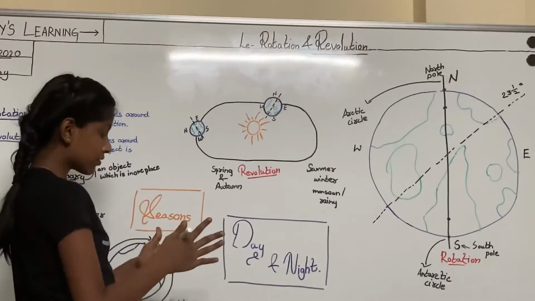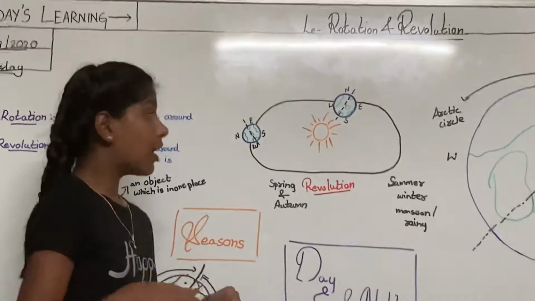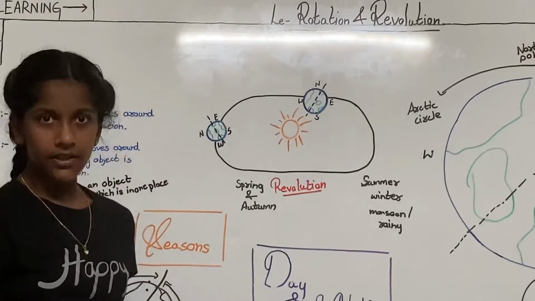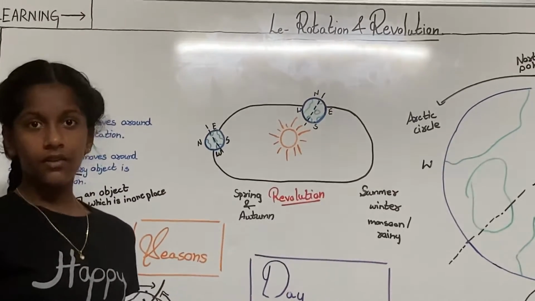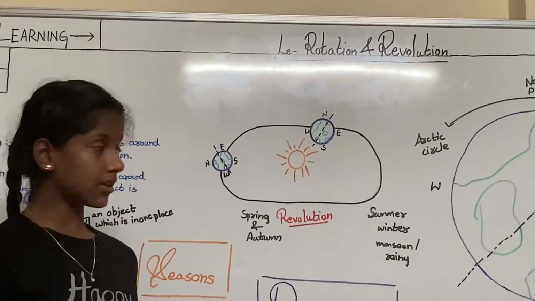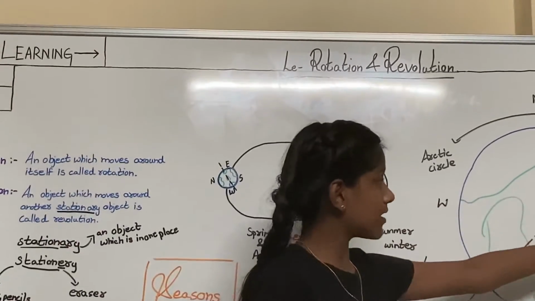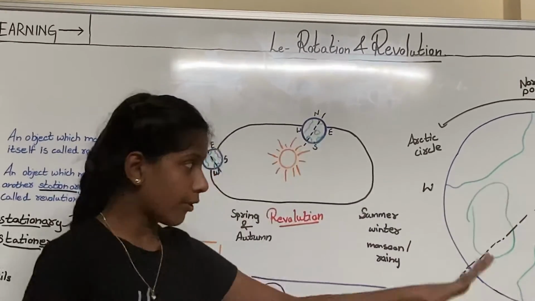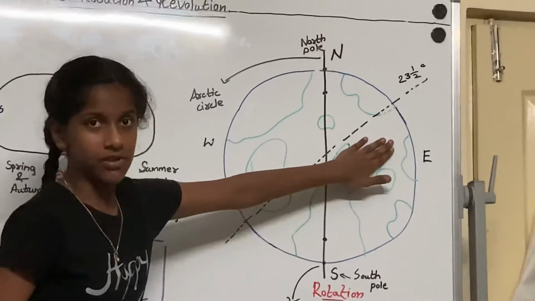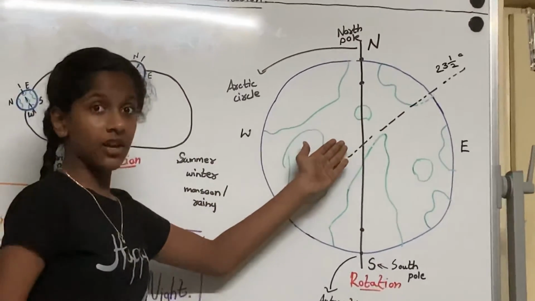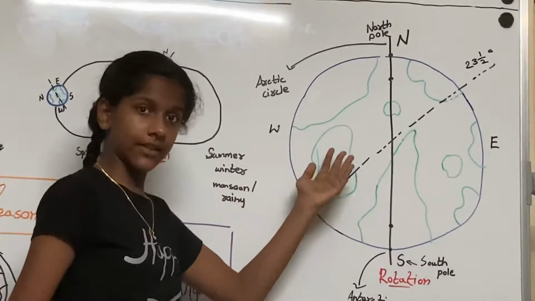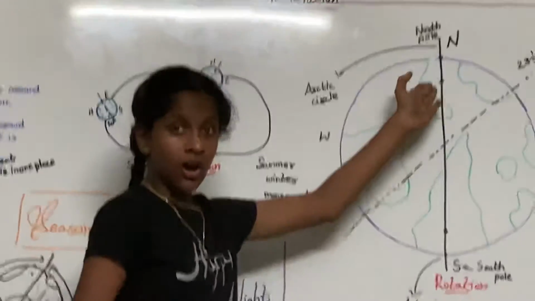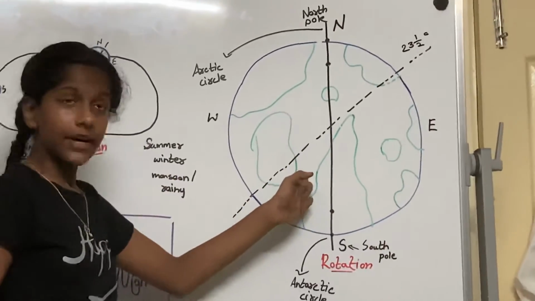Okay. So seasons is caused, see, we are in the south, we are at the eastern part of the earth, and this is the western part. So when we are experiencing summer, the western part will be experiencing winter. Here rainy or here rainy.